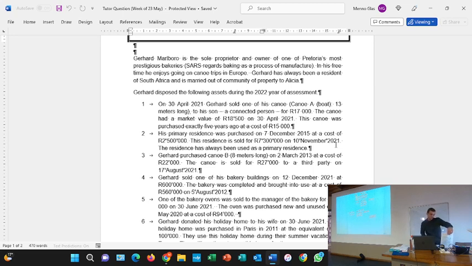When do we deduct the annual exclusion? Before we take into account an assessed capital loss or afterwards?